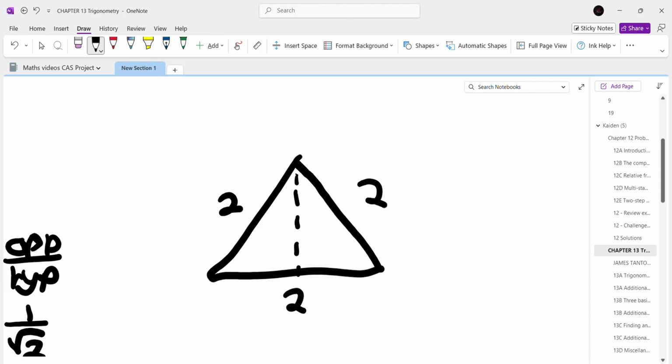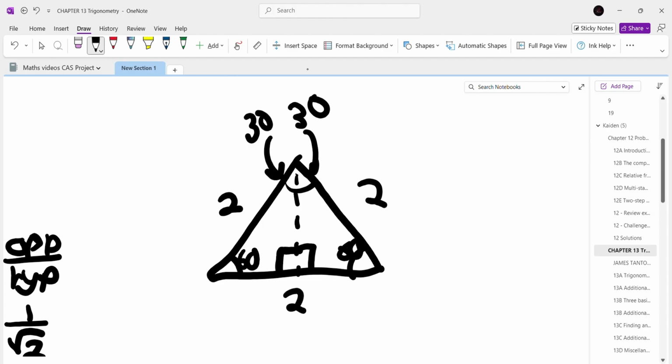Since it was an equilateral triangle, all of these were equal at 60 degrees. But now that it's been cut in half, these two angles right here have been split into two sets of 30 degrees, while these still remain as 60 degrees. And these two are 90-degree angles.